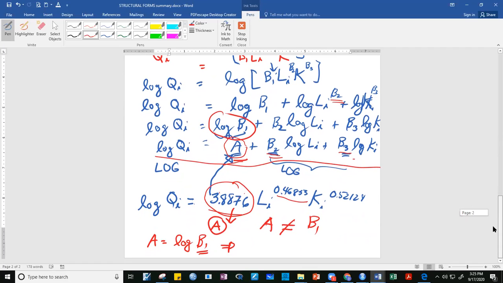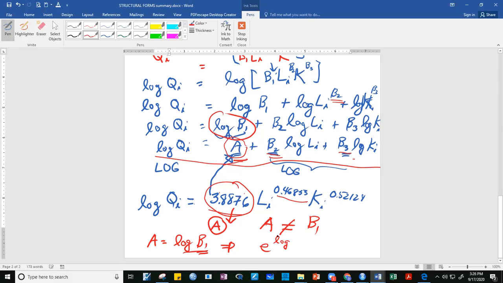So if you're going to write the original equation of B1 times labor to the B2, capital to the B3, we need to find B1. And B1 can be obtained by, paano ko tatanggalin yung log dito? Guys, kunin mo yung exponential niya.